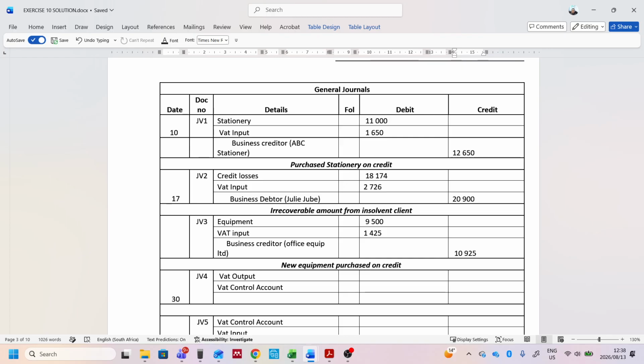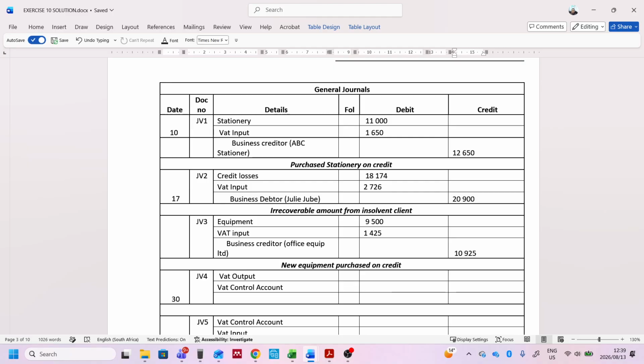Okay. So I'm saying that when you're in the general journal, you record a transaction according to the accounting equation. If the account is debited, you go to the debit side of that account. You write the name of the account that is credited. So now we are looking at business debtor, June. We have got credit losses that is no longer going to be paid to us, including the VAT amount, which were debited.